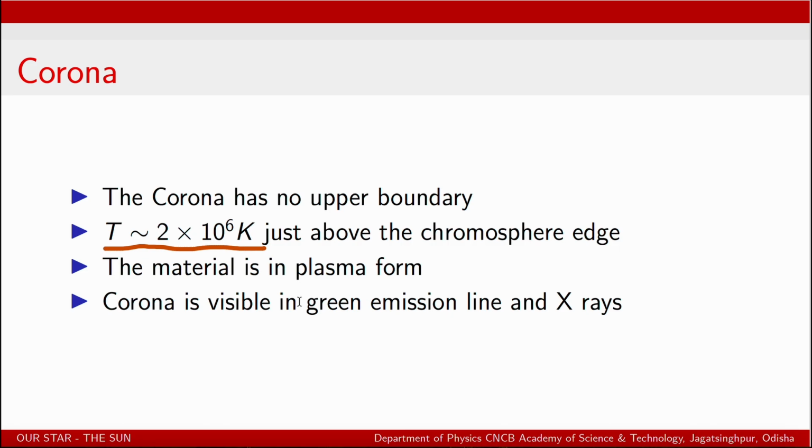The corona is visible in a green emission line. X-rays you can understand, but why green emission? This baffled scientists and experimentalists for a long time. From where is this green emission line coming? So let's go to the next.